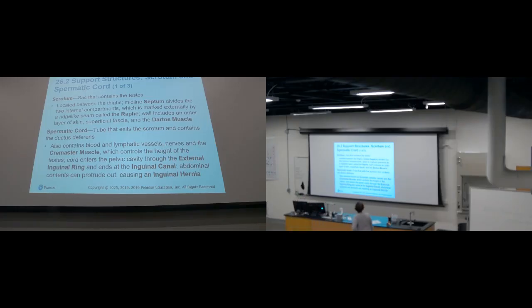Okay, details about the scrotum. The scrotum is a sac that contains the testes and is located in the perineum. It is subdivided into right and left by the septum, the raphe, that is visible externally. Externally, the most external layer is the skin, but internally it has the superficial fascia and a muscle called the dartos muscle.